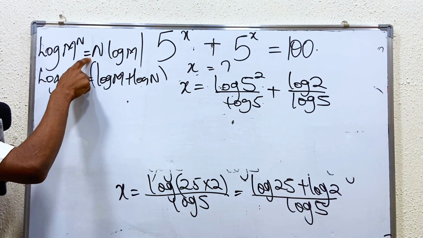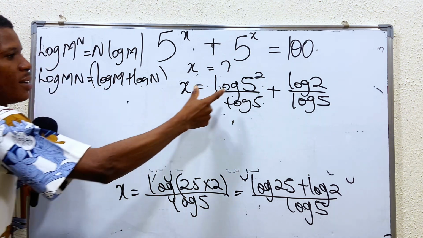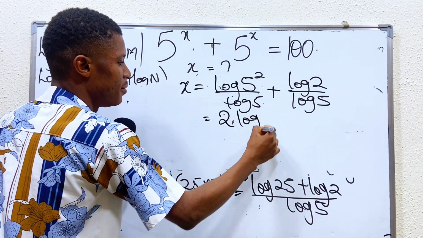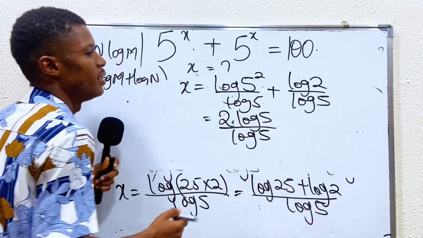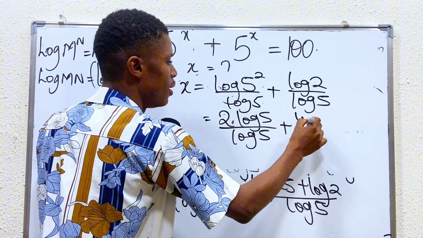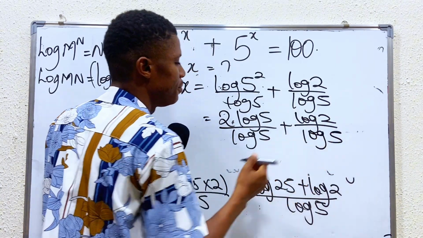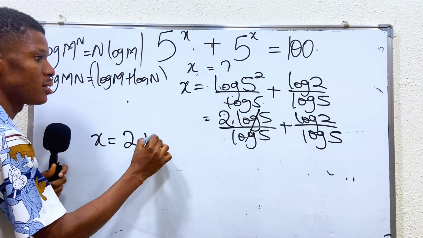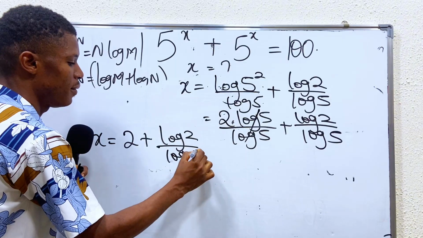Using this particular law, since we multiply the power to the log, same thing is applied here. So this will be 2 log 5 over log 5, then plus log 2 over log 5. And we cancel out the log 5s. We are having 2 plus log 2 over log 5.